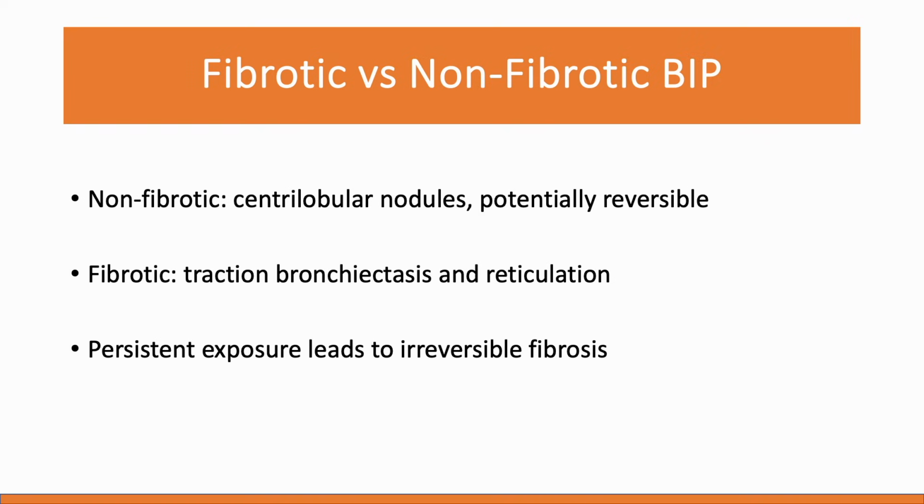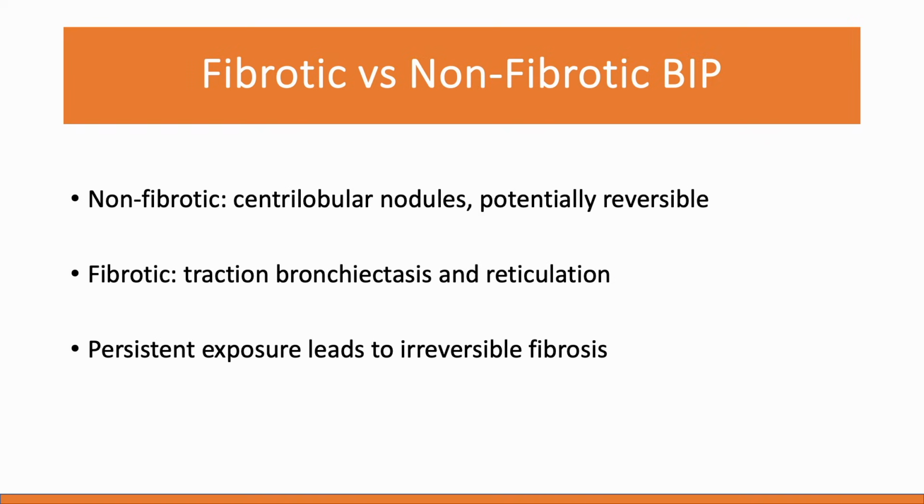When we compare non fibrotic and fibrotic BIP, what are the essential features? When it's non fibrotic, you will have more ground glassing. It will be reversible when the patient's exposure has been taken off. This ground glassing will go away. So, ground glassing with centrilobular nodules will be non fibrotic.